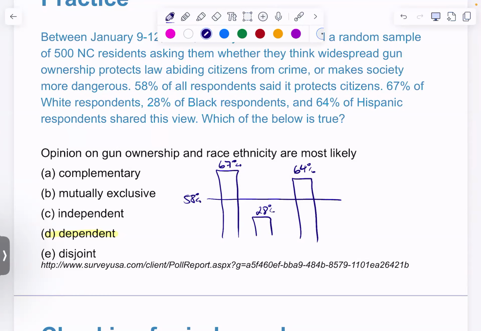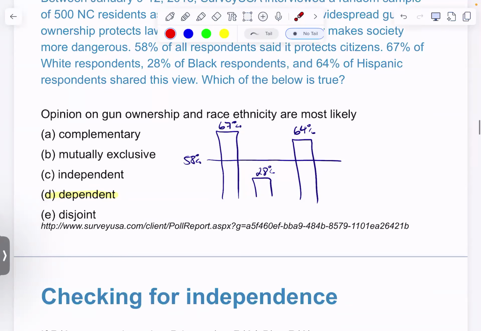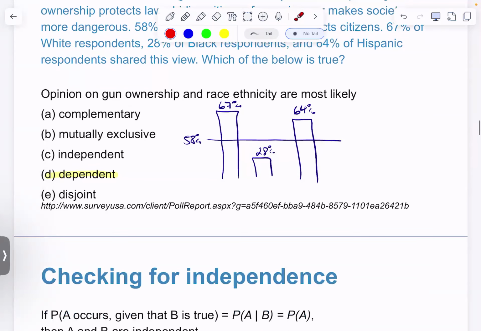Those are quite different. Our gut reaction is probably that how people feel about gun ownership might depend on their race, ethnicity. Later in the term, we'll have a way to determine if there's evidence for or against it. But for now, we're just developing the idea. I would suspect that they're dependent just because they're so different.